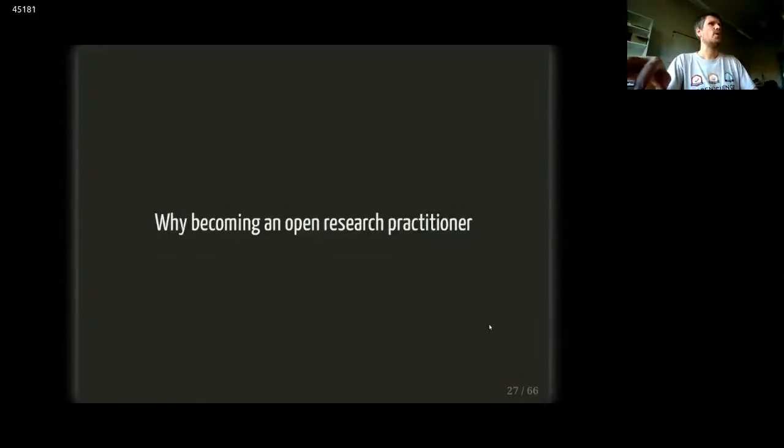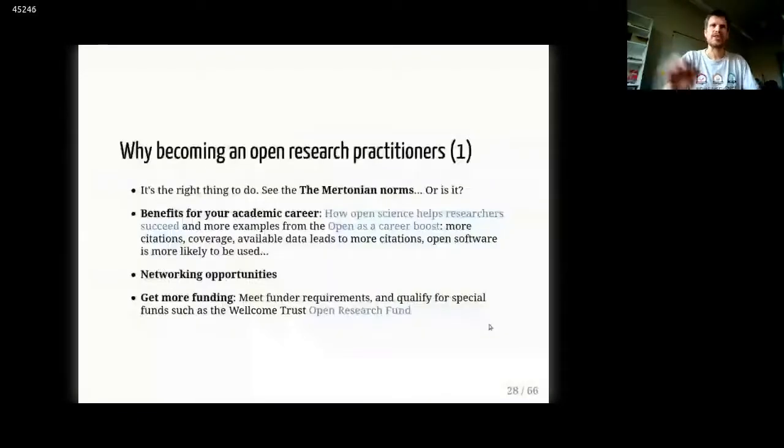So why would you want to become an open research practitioner? Well, you might argue that it's the right thing to do, but the right thing to do is not necessarily the thing that you want to do, because sometimes doing the right thing is hard. But there are actual benefits for your academic career.